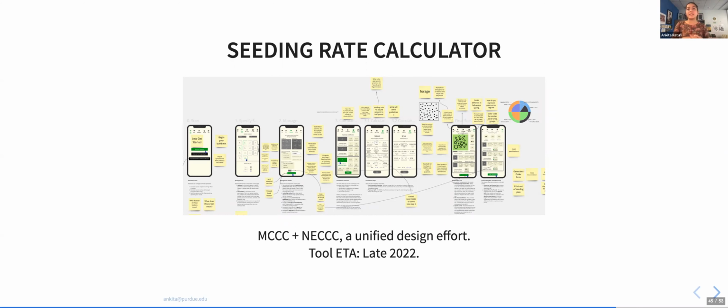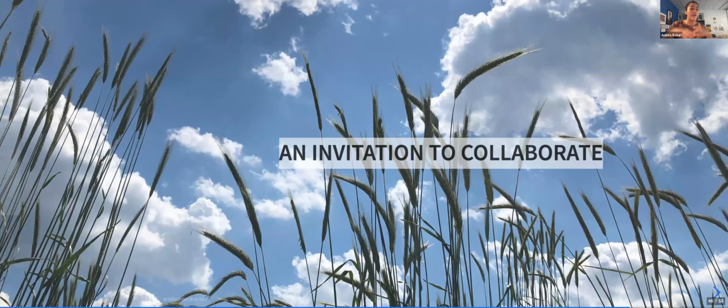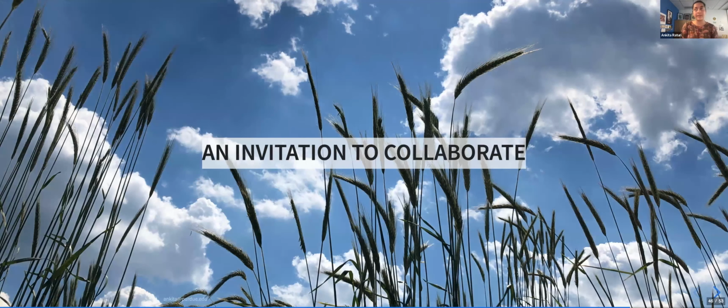This is a unified design effort with both the Midwestern Cover Crop Council and the Northeastern. We're going to be building it out in the next couple of months. My developer started a couple of weeks ago, so hopefully we'll have something for you to check out in about late 2022. This is where we're headed with the seeding rate calculator, following those same design principles.